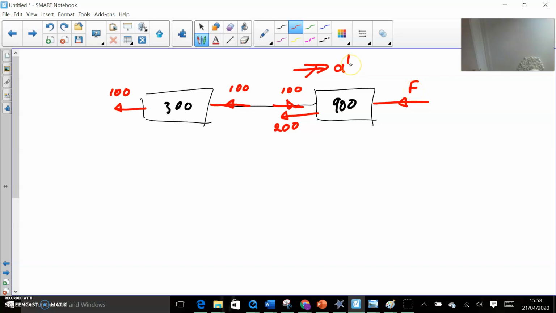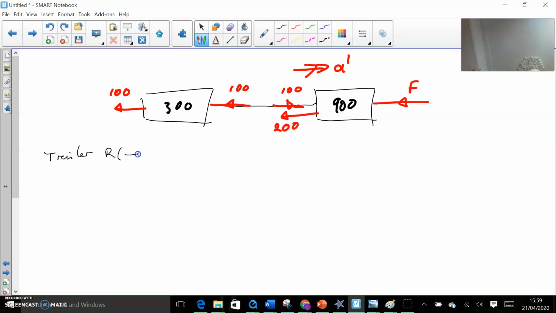We need the A dash, so we can consider the trailer. We have all the forces on the trailer, so we should find the acceleration that way. So for the trailer, this is how we set it out. The trailer is what we are applying Newton's law to. So, right, trailer. What direction?